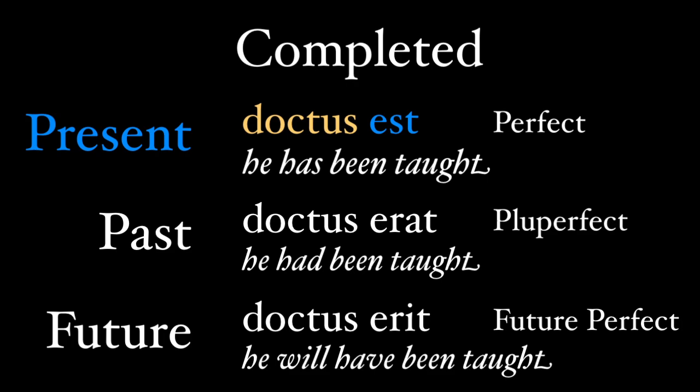So since the perfect tense is the completed present, we use the present tense of sum. This is fantastic, I think. It's not just a coincidence, it's because of Latin's highly structured nature that allows us to analyze and understand it on a different level. The pluperfect, by the way, has the perfect participle plus the past of sum, and the future perfect is the same, just with the future of sum.